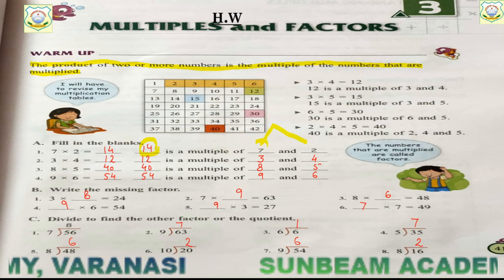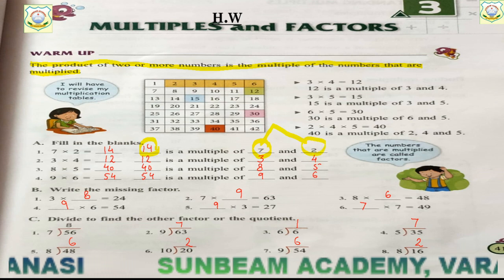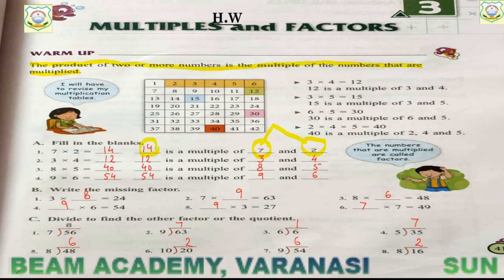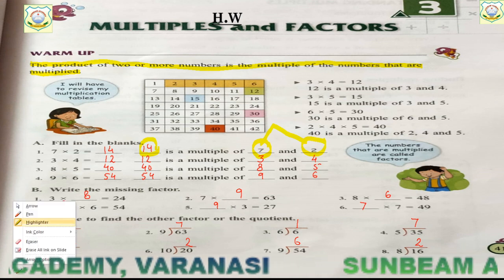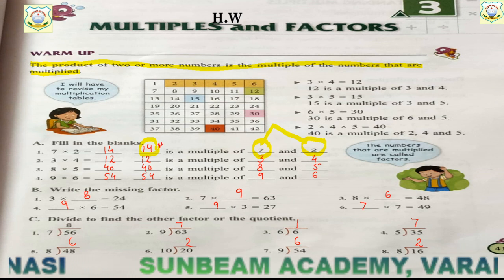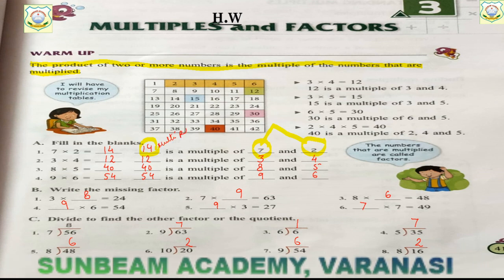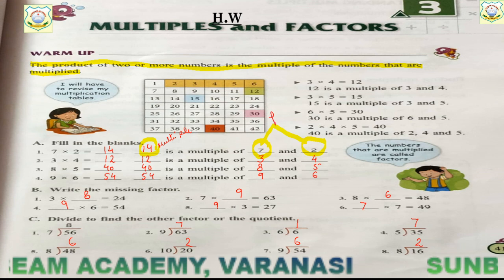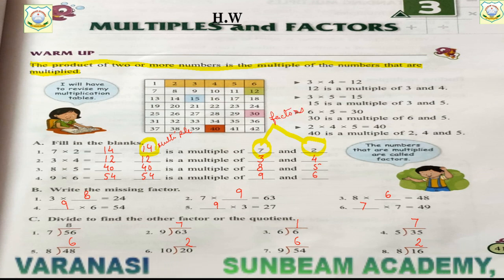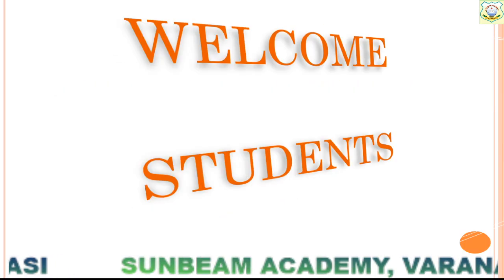So 7 and 2 are factors and 14 is a multiple. It will be clear to you when I explain. So this is the multiple, and these two numbers are factors. Got it? Okay, fine. Now proceed further.